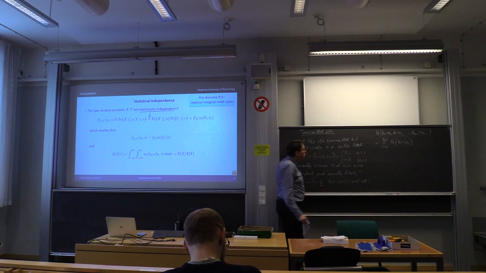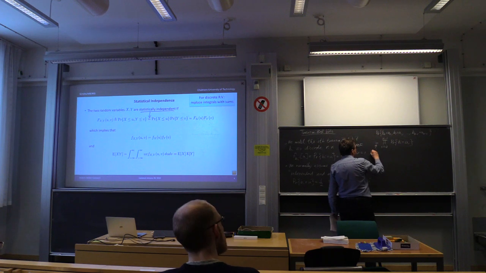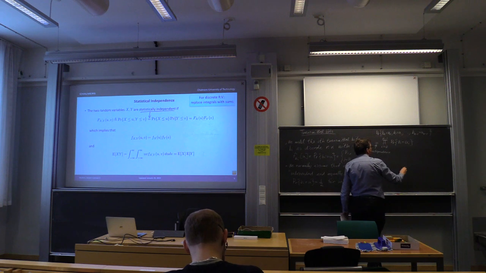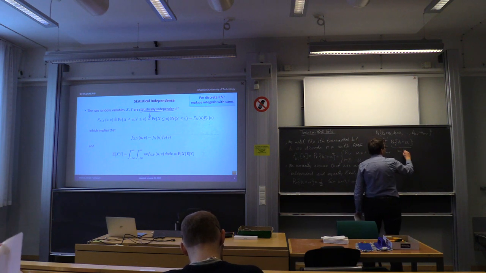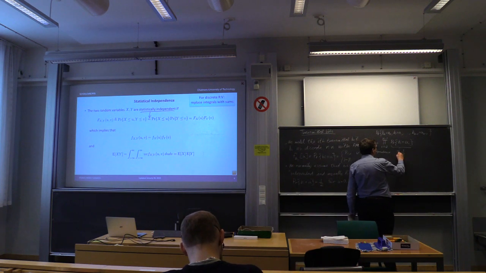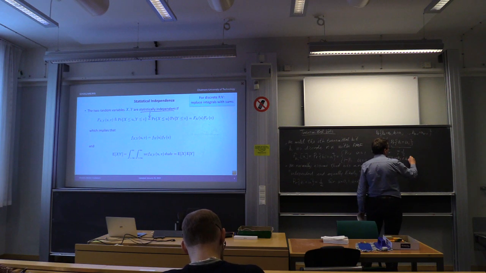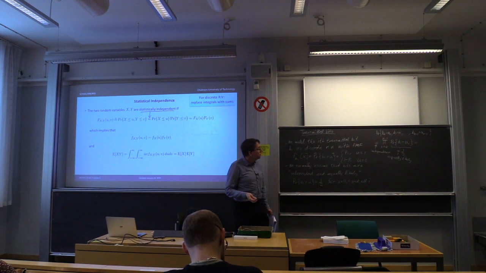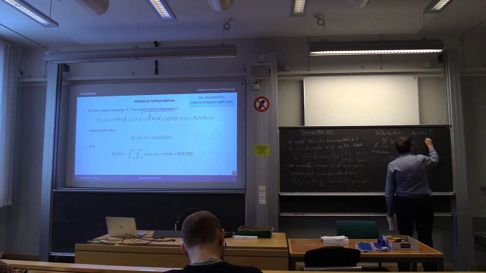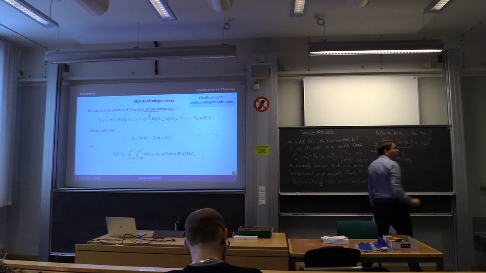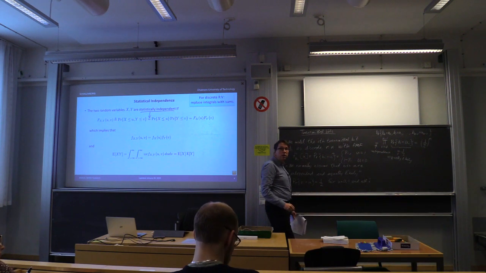That's independence. And all of these factors are equal to 1/2 due to equally likely. So the product is simply 1/2 raised to the number of terms, which is n. So it's 1/2 raised to the power n.